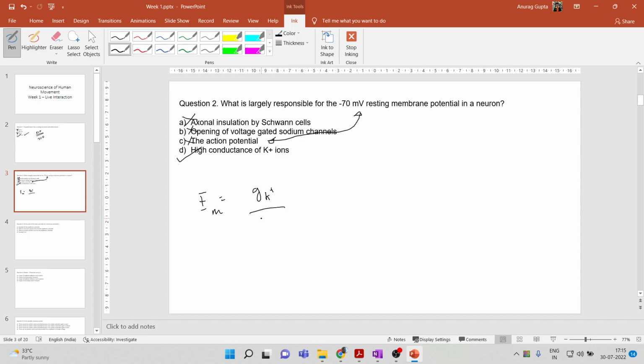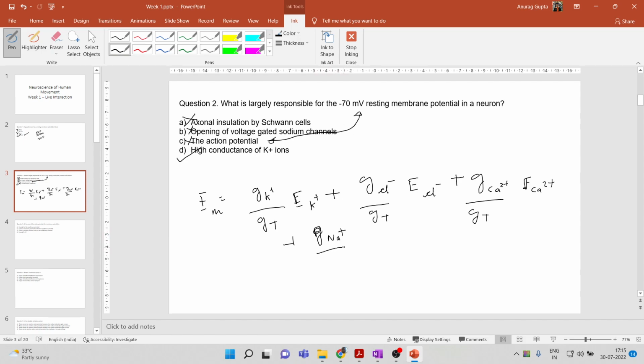Let me just write it down: GK plus by GT into EK plus, plus GCl minus by GT into ECl minus, plus GCa2 plus by GT into ECa2 plus, plus GNa plus by GT into ENa plus, and so on for the other ions.